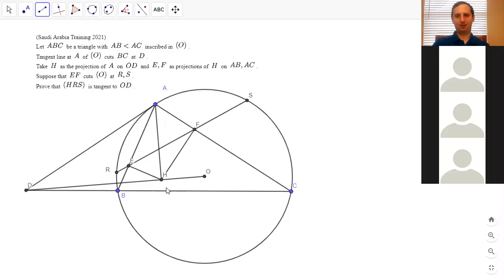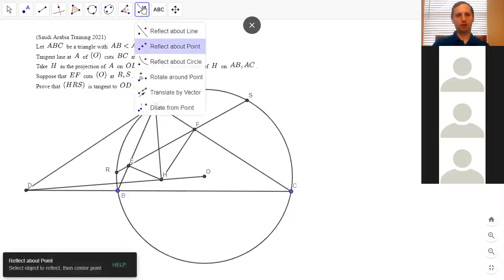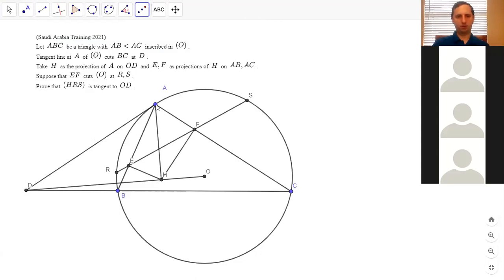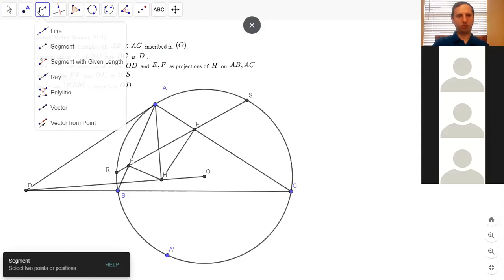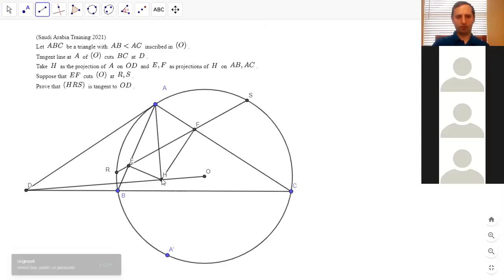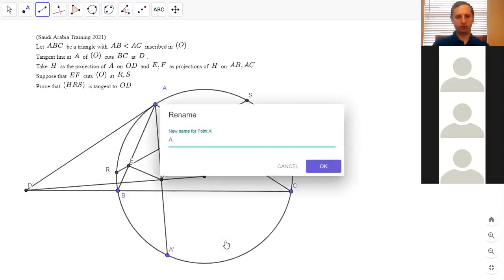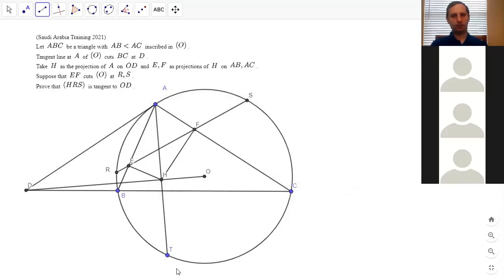Yeah, you just reflect A over H and we get the tangent point. Okay. So A prime, I'll call it, I don't like primes, I'll just call it something else, but AT is, is this a median, basically?